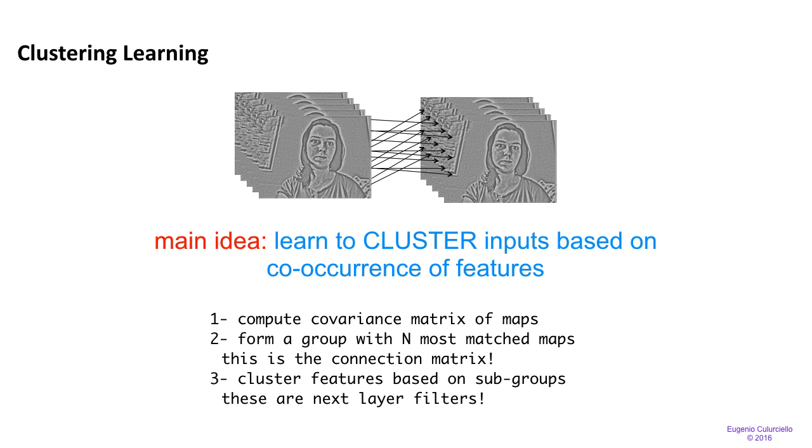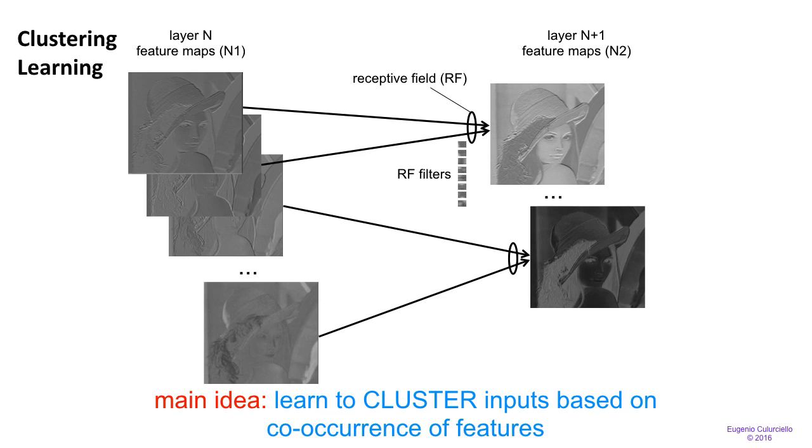So if we have n1 maps coming out of the first layer, we group them, and each group is clustered together. Patches of the groups form the filters that we then use to filter the original images into the maps of the next layer.